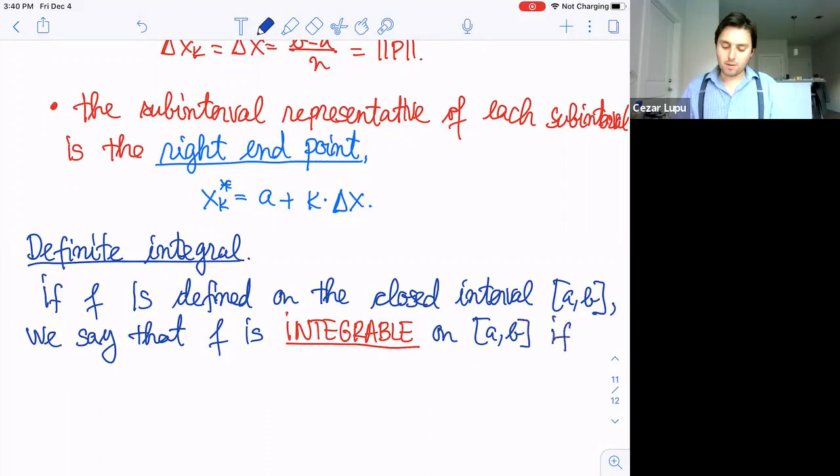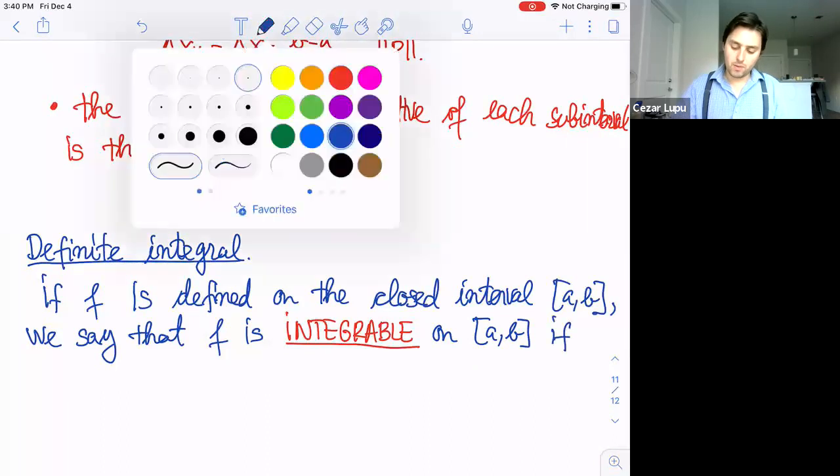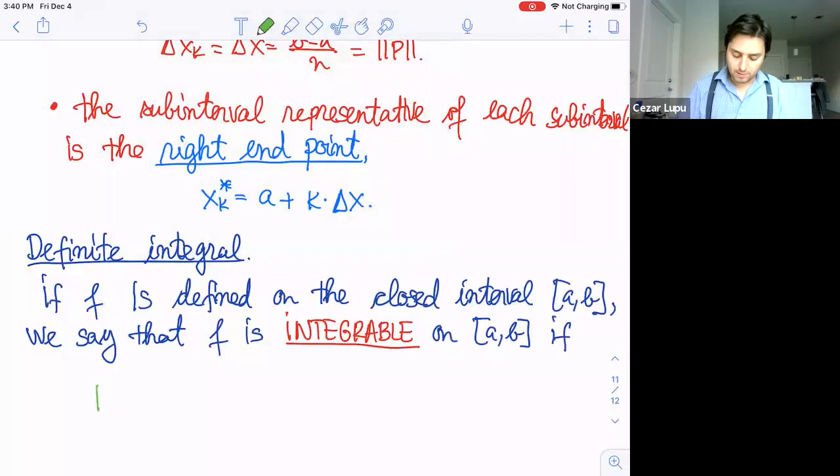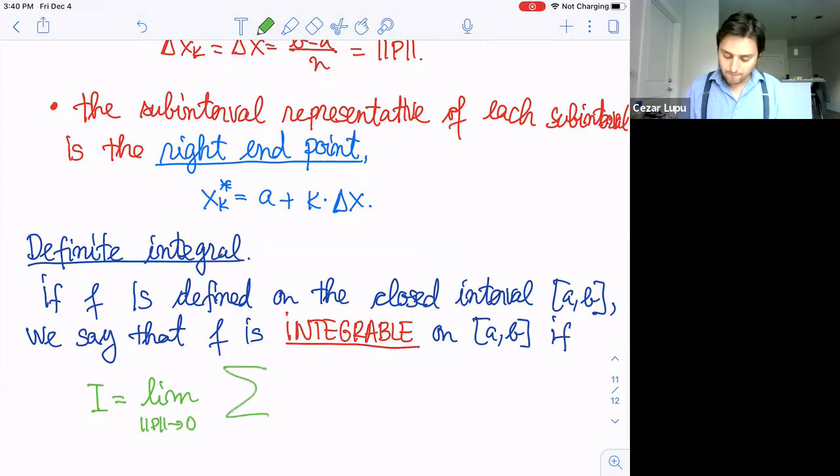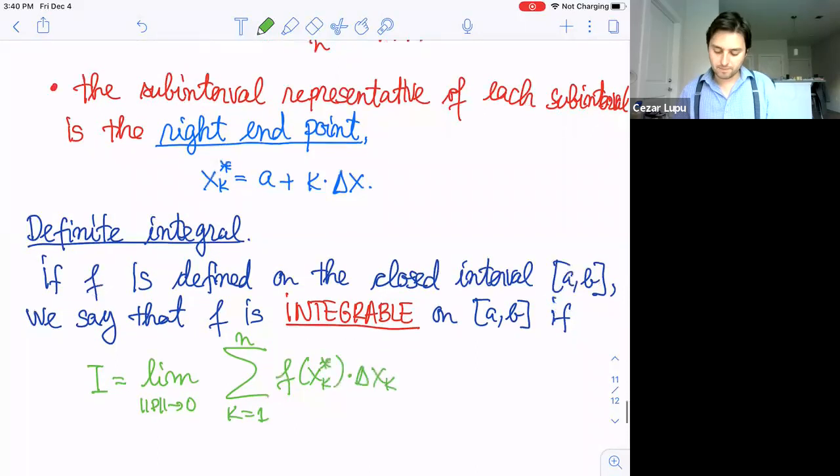If we have the following, let's denote this by I, which is the limit as the norm of the partition approaches 0 of the sum from k equals 1 to n of f of xk star times delta xk, right, exists.